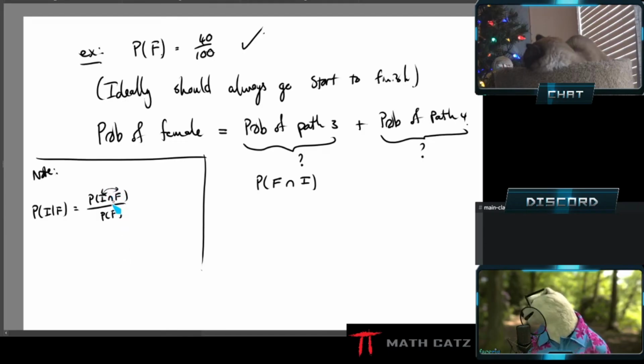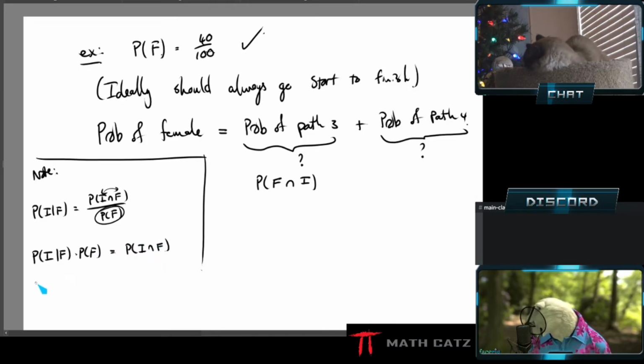These are interchangeable inside an intersection. If I now multiply both sides by the denominator, I get the conditional probability that was on the left, and then I multiply both sides by P of F. And then I just have the intersection on its own.